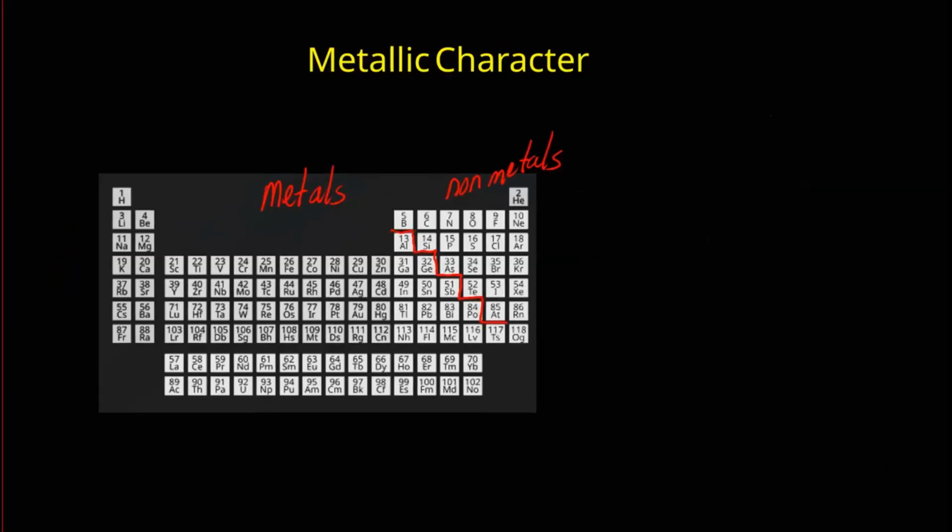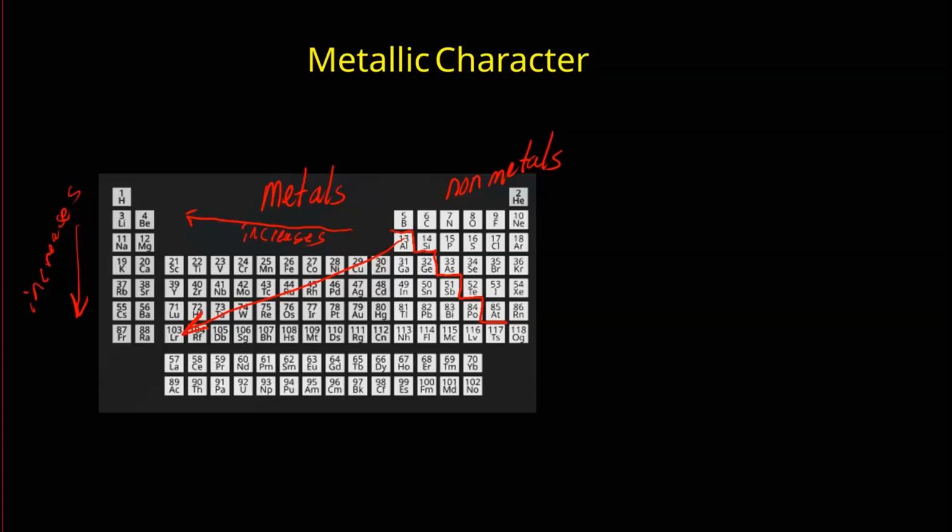Metallic character describes how easily an atom loses electrons. So metallic character increases as I move left and down. Nonmetallic character is a tendency to gain electrons.